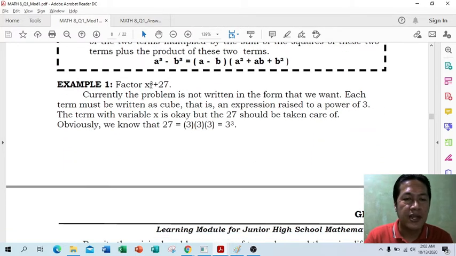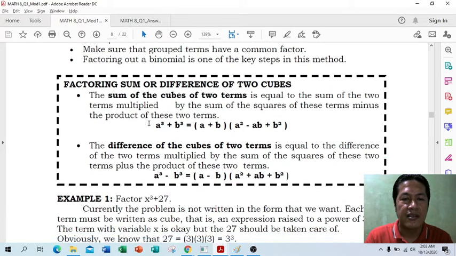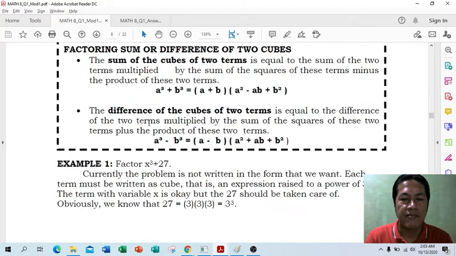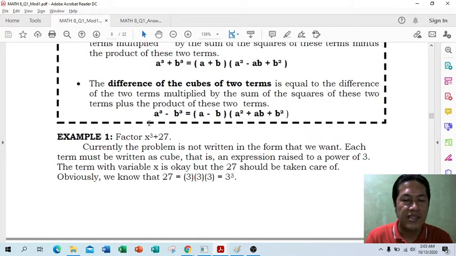Factor x cubed plus 27. Sige, tingnan niya. Kailangan cube root ito. The sum. That's right. Paon sa nimo ang isa. X. Sa kaya multiply nimo katuluan nino. X times x times x, kanipod 3 times 3 times 3.